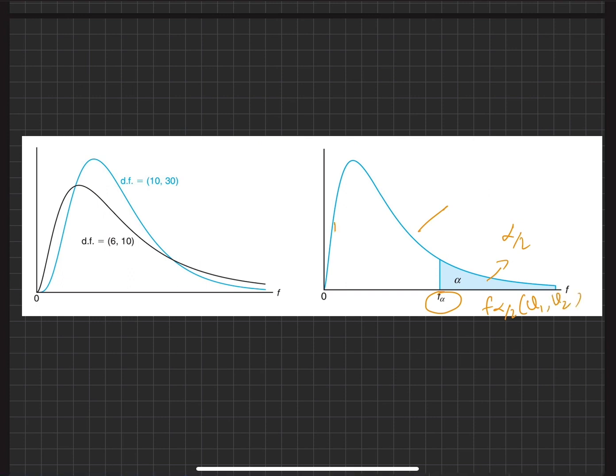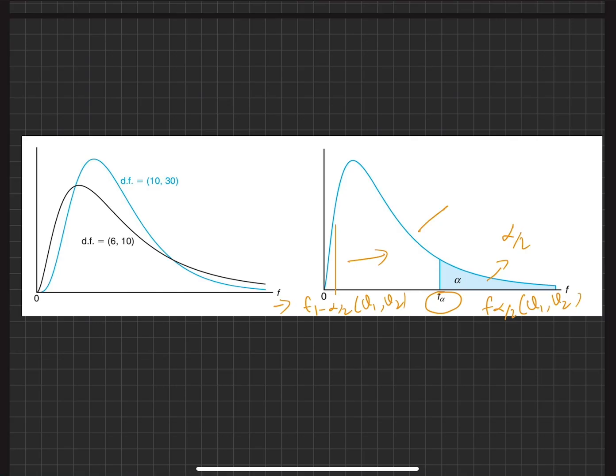And the left side rejection region will be for F 1 minus alpha by 2. Here the right side area will be 1 minus alpha by 2 corresponding to the same degrees of freedom. But there is no separate table corresponding to F 1 minus alpha by 2.